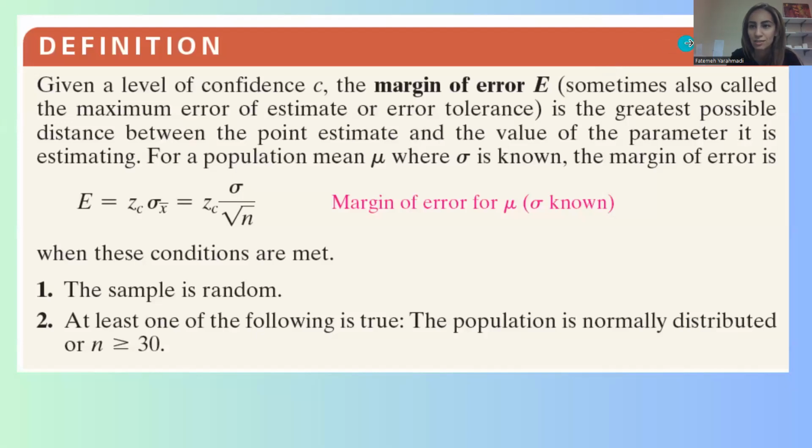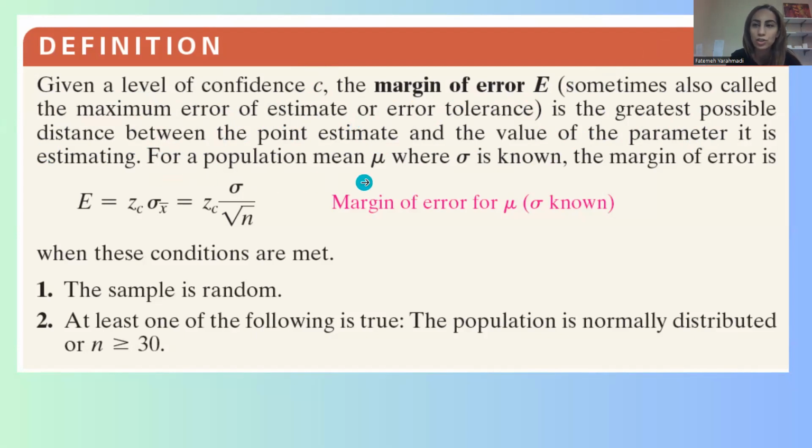Once you find a critical value, we can move to find the margin of error, which is the distance. Officially, we say that given a level of confidence like C, the margin of error E, which is sometimes called the maximum error of estimate or error tolerance, is the greatest possible distance between the point estimate and the value of the parameter that you're estimating.